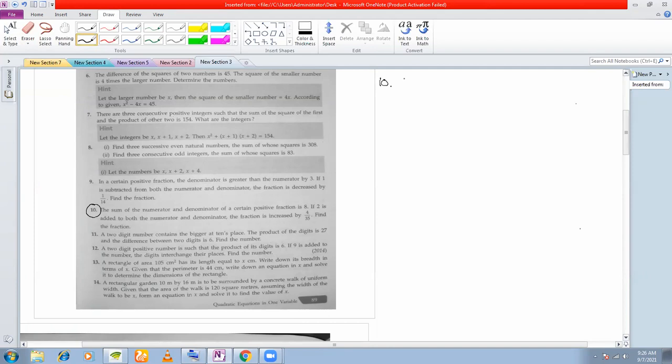I start by saying that let the numerator of the fraction be x. Therefore, what is the denominator? Because the sum of the numerator and denominator is given to you as 8. Therefore, denominator has to be 8 minus x. Right? Therefore, what is the original fraction?